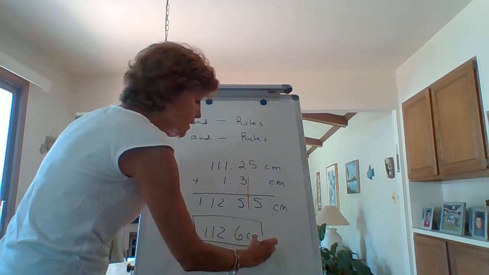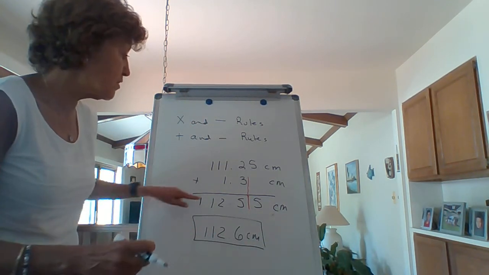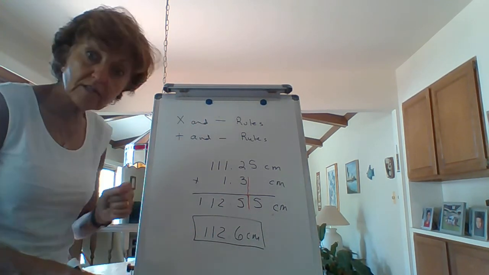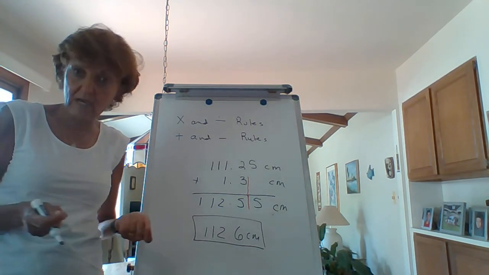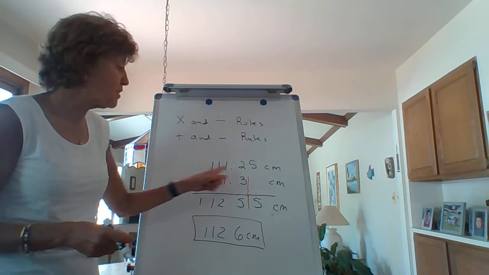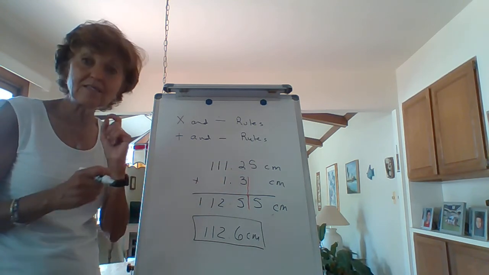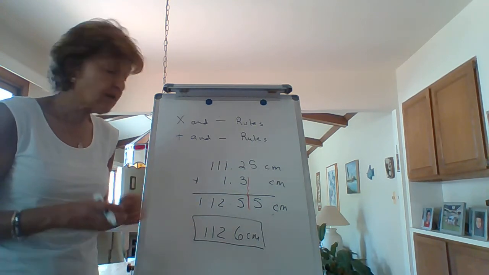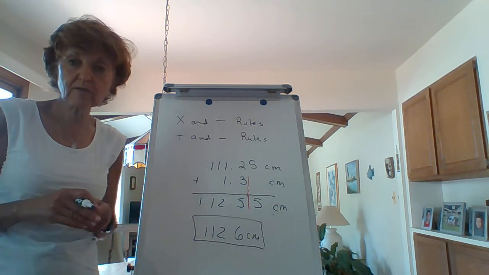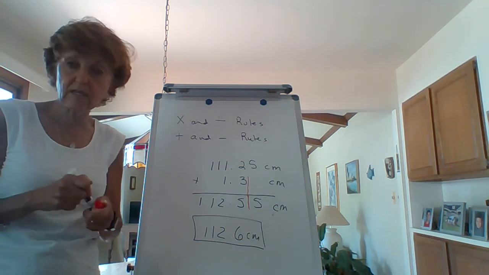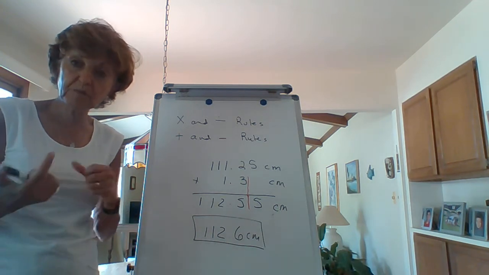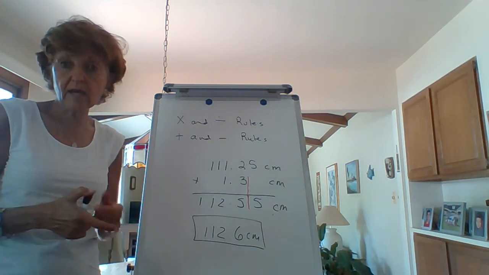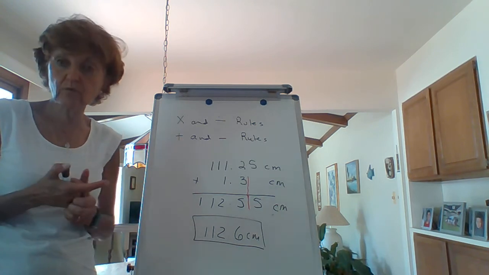This would be the correct final answer, not this. Notice that this is only 2 sig figs, but with addition and subtraction, we don't care about the number of sig figs. We just care about the decimal places, and that would be the correct answer. All right, so those are the 2 key things I needed you guys to know for the rules of multiplication, division, and then you have to apply the rules of rounding.